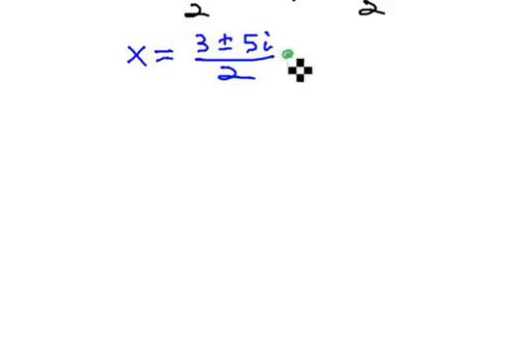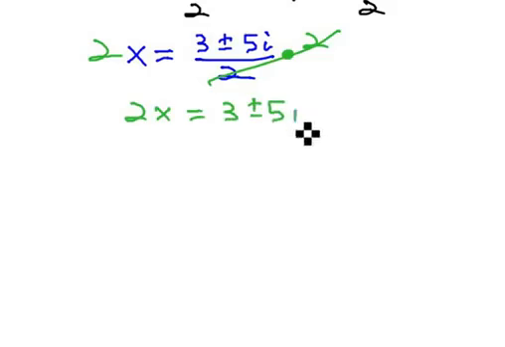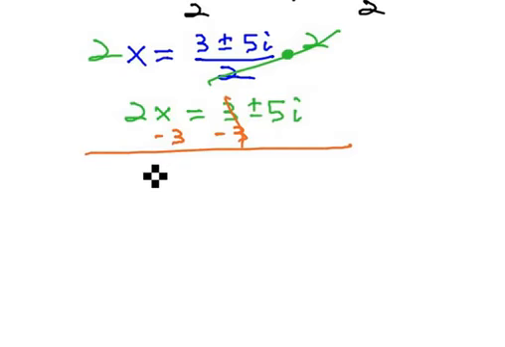So we get rid of the fraction by multiplying by 2, that LCD, giving us 2x equals 3 plus or minus 5i. Again, we want to get the i part alone with the plus or minus, so we have to subtract 3 from both sides. 2x minus 3 equals plus or minus 5i.